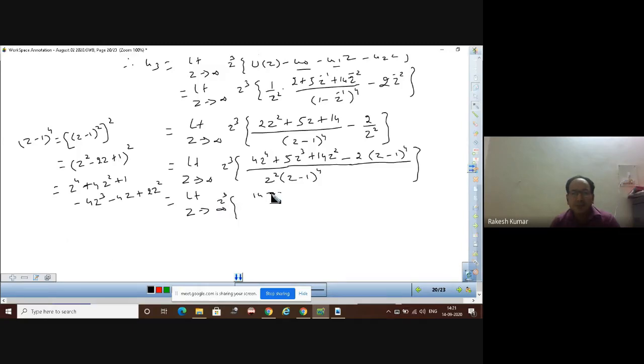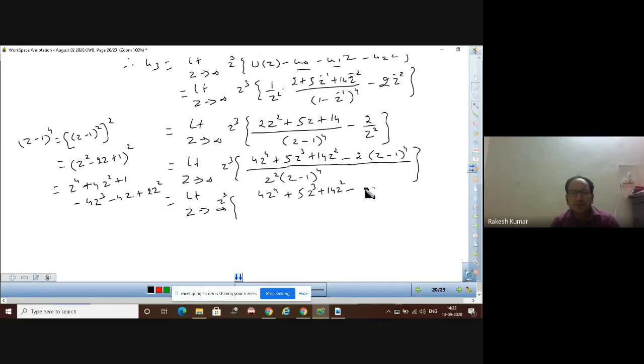So that is a 14z4, sorry, this is not 14, this is 4. So this is 4z raised to power 4, and plus 5z cube plus 14z square. Now that is minus 2 into the terms.